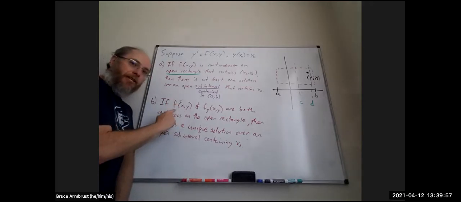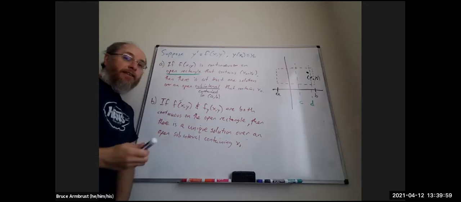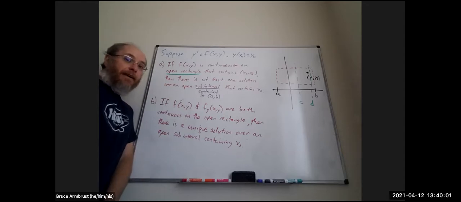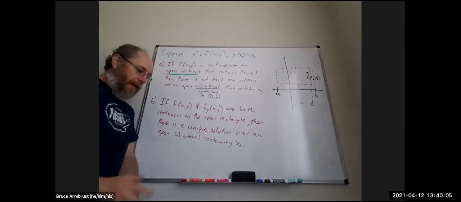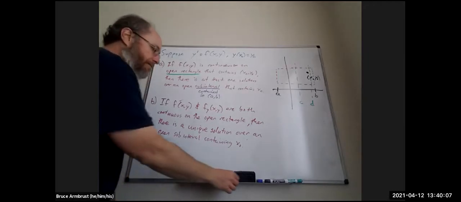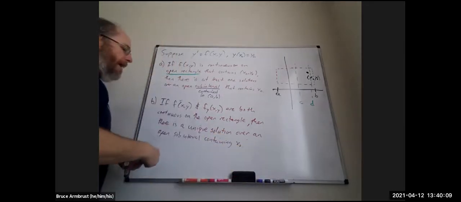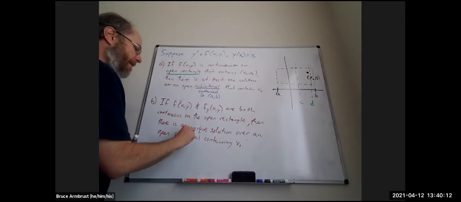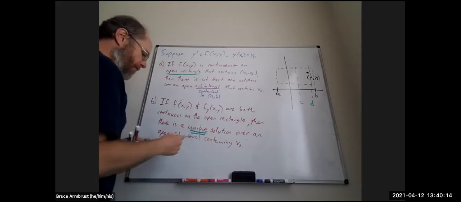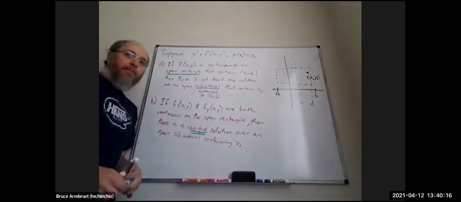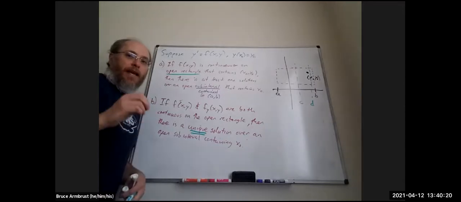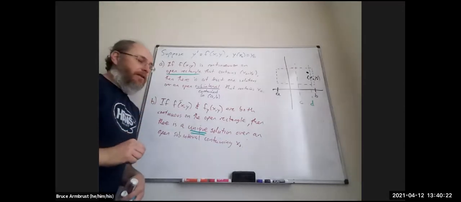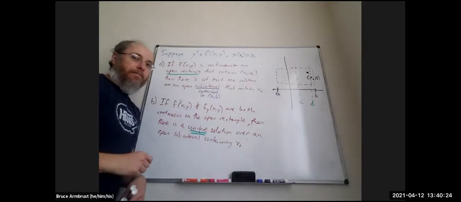The function being continuous from part A says that we know that it's going to have a solution, at least one solution. But now the important word is that we're going to have a unique solution, meaning only one. There's one and only one solution to this.